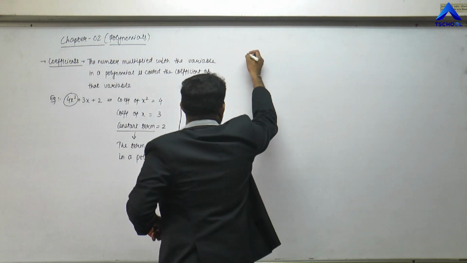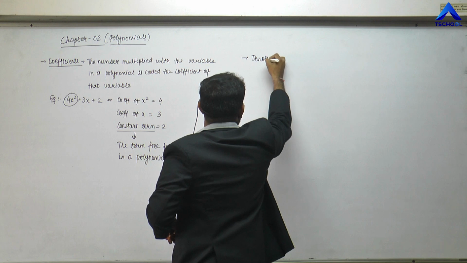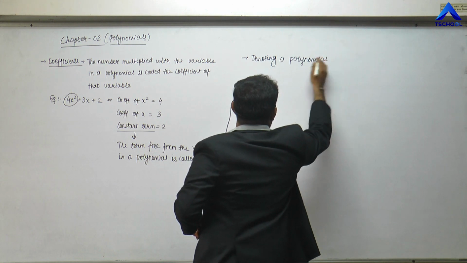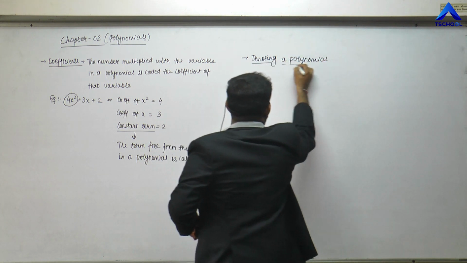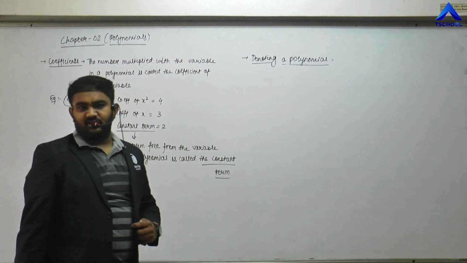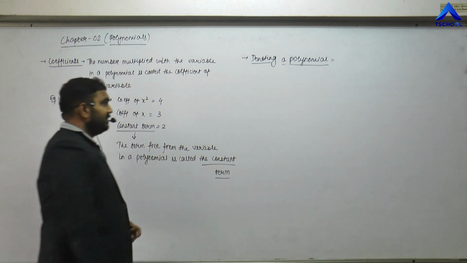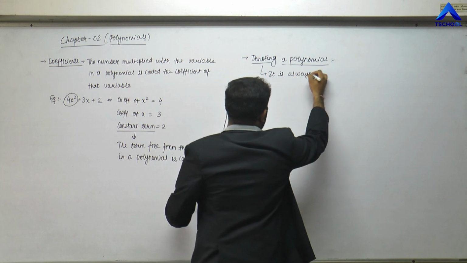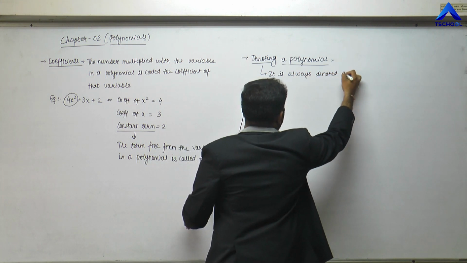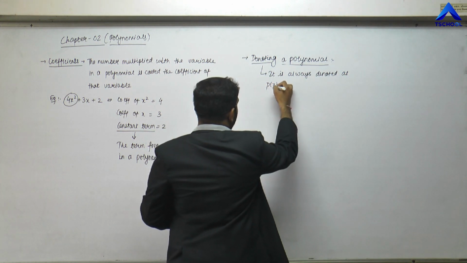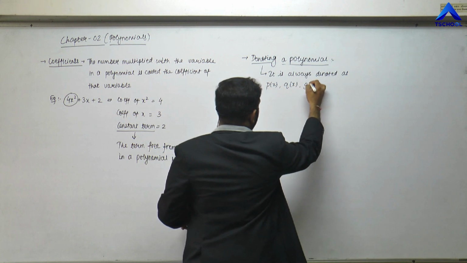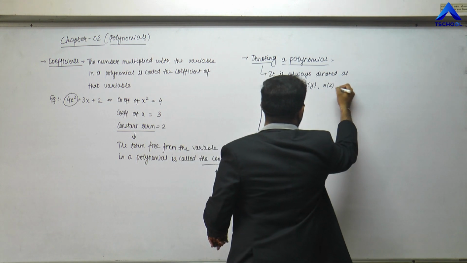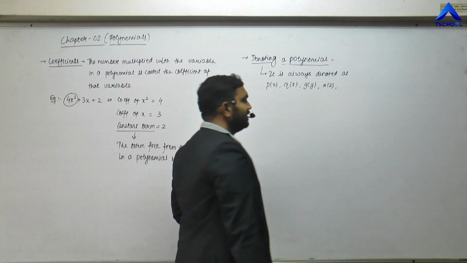Denoting a polynomial. A polynomial is always denoted as p of x, q of x, g of y, r of s or r of z, or anything you can write, like p, q, g, r.